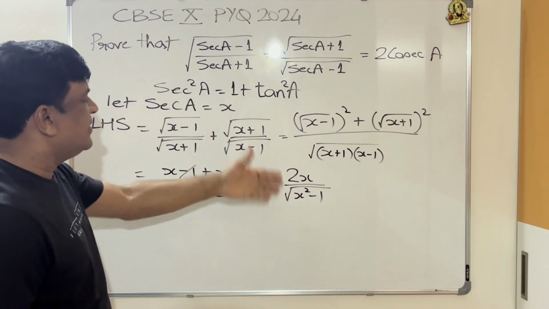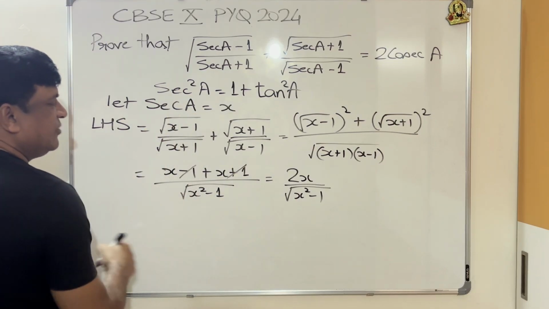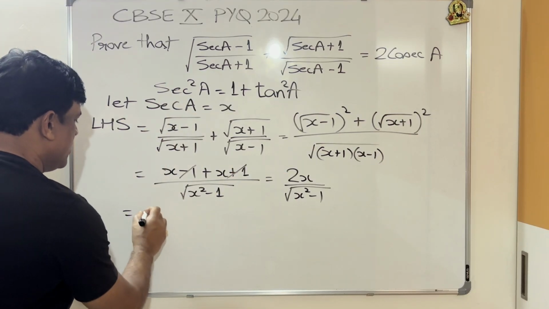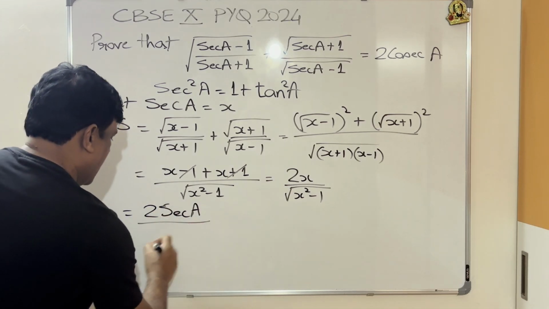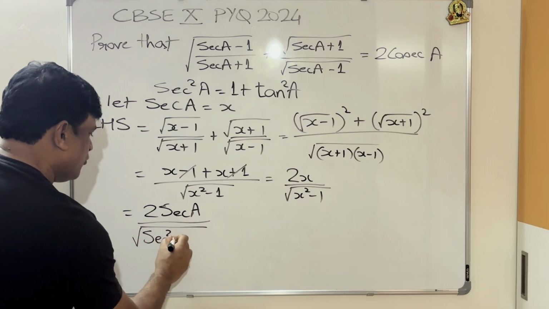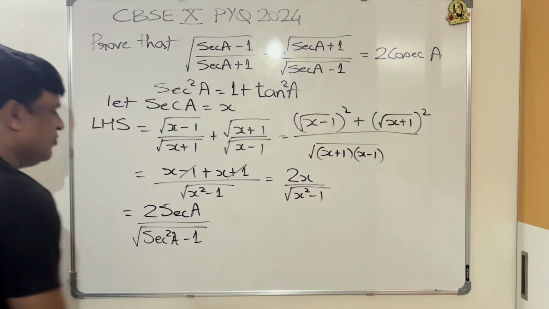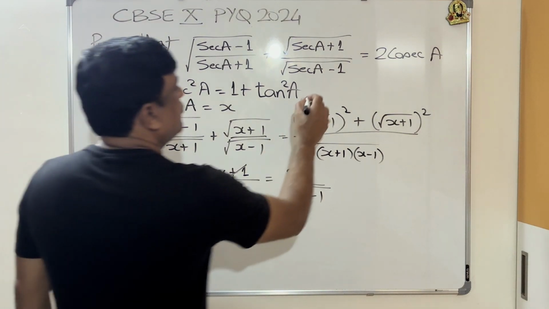Now go ahead and replace the value. We have x is equal to sec a, replace the value. So this becomes 2 times sec a under root of sec square a minus 1. Look at it. What is sec square minus 1?